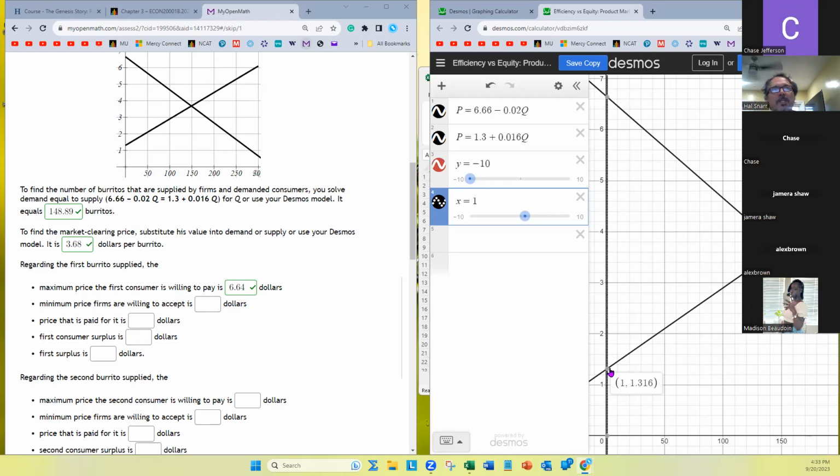They have economies of scale. Their production is so large that their per unit costs are tiny. So typically these firms on this part of the supply curve are the low-cost suppliers. So the minimum price firms are willing to accept for that first burrito sold, in my case, is $1.32.